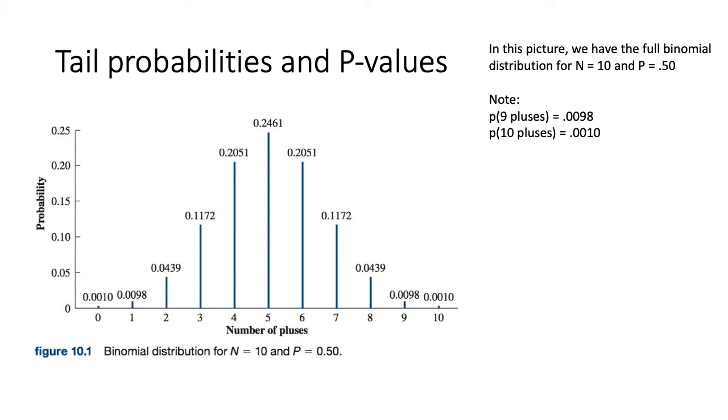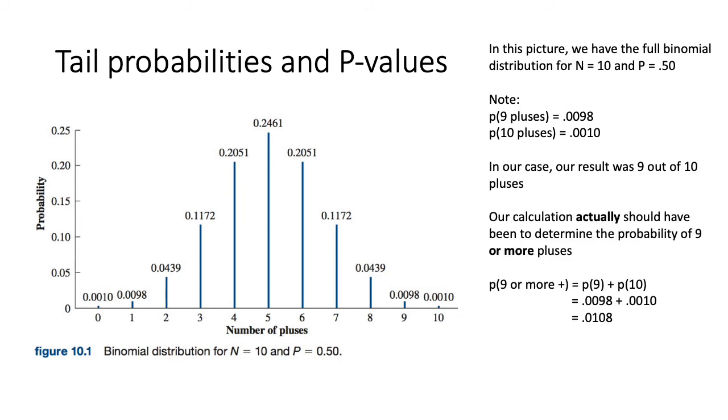But also note that there are more extreme results that we could have obtained, right? We could have actually obtained 10 out of 10, which would occur with a probability of 1 in 1,000, 0.0010. So what we call a tail probability is the total probability of our results and everything that we could have gotten that was more extreme than that.